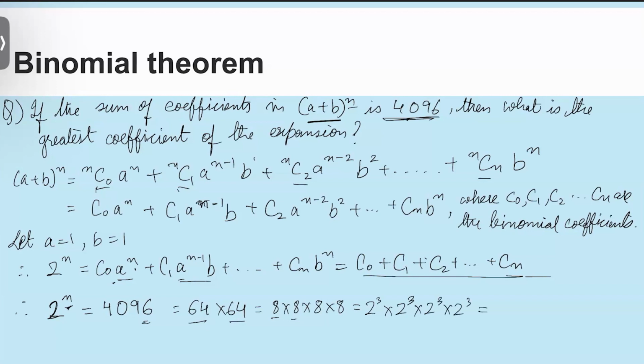So this will give us 2 raised to 12. So 2 raised to n is equal to 2 raised to 12. Therefore, the first part of our problem, where we had to find the value of n, we get n equals 12.